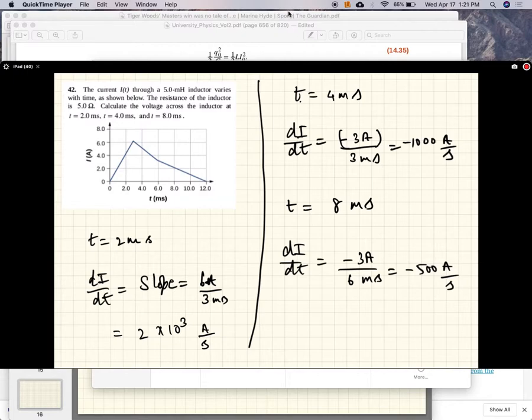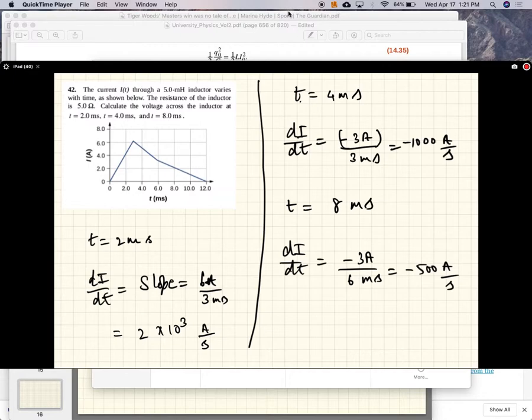You guys understood that? Any questions? If you're trying to find the slope of this line, delta y is 3 amps, and the change in time is 6 milliseconds, from 6 to 12.